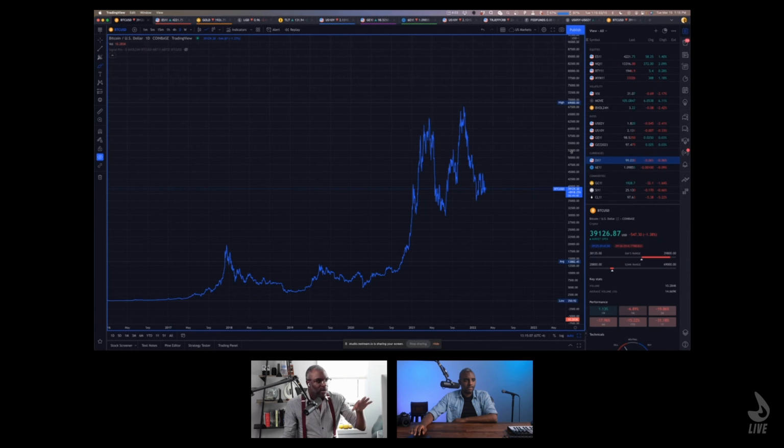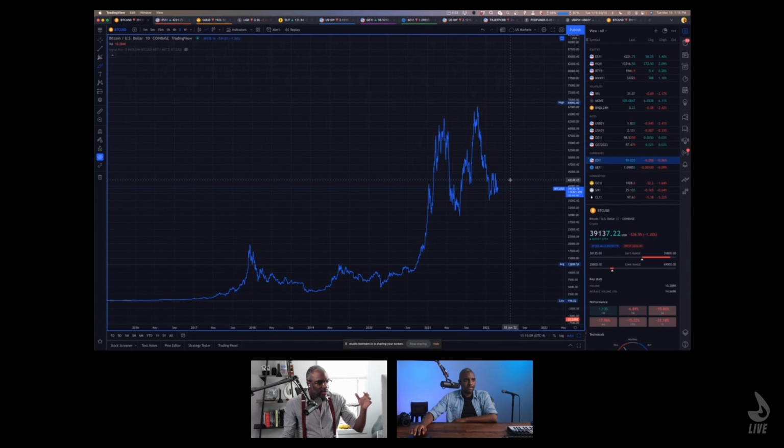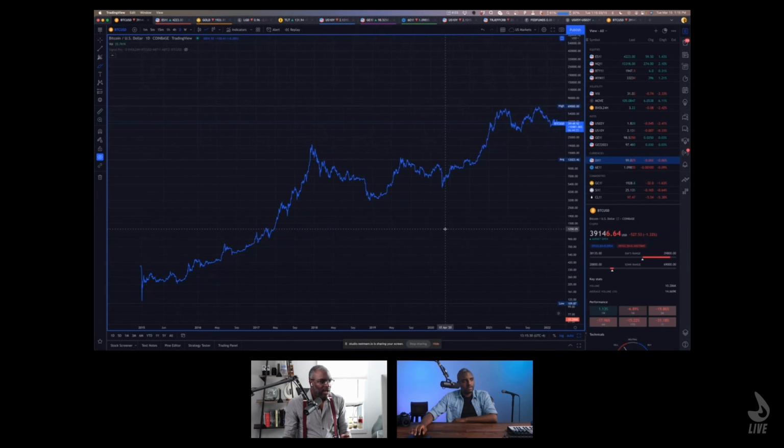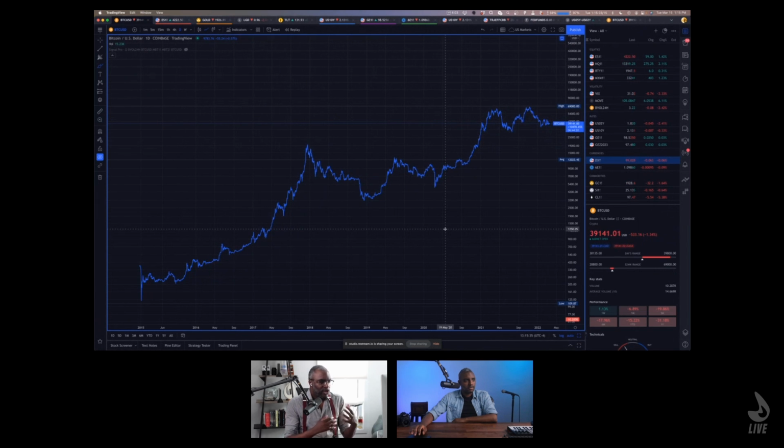But this chart doesn't actually show it, the price movements are all skewed, right? We see here from 2021 to 2022 the chart is huge, but when you look over here at 2015 to 2017, you can't really tell what's going on. But if you change the chart to logarithmic, it's a way of demonstrating the changes happening between the prices.